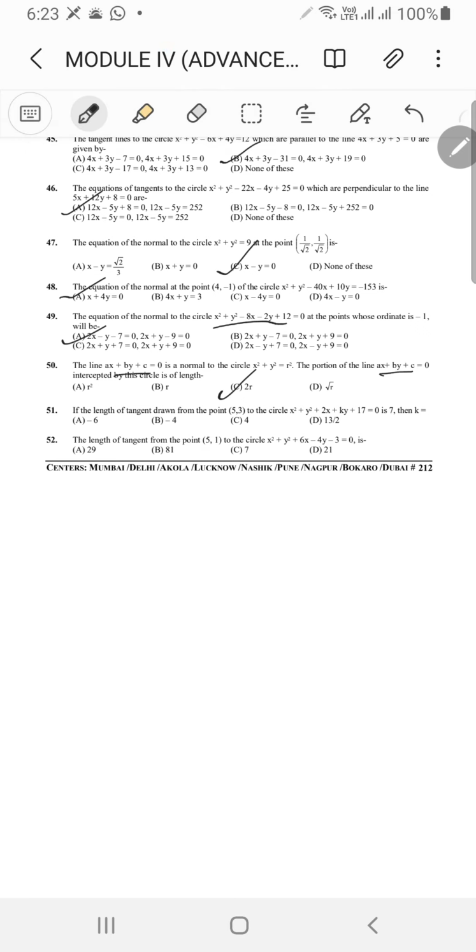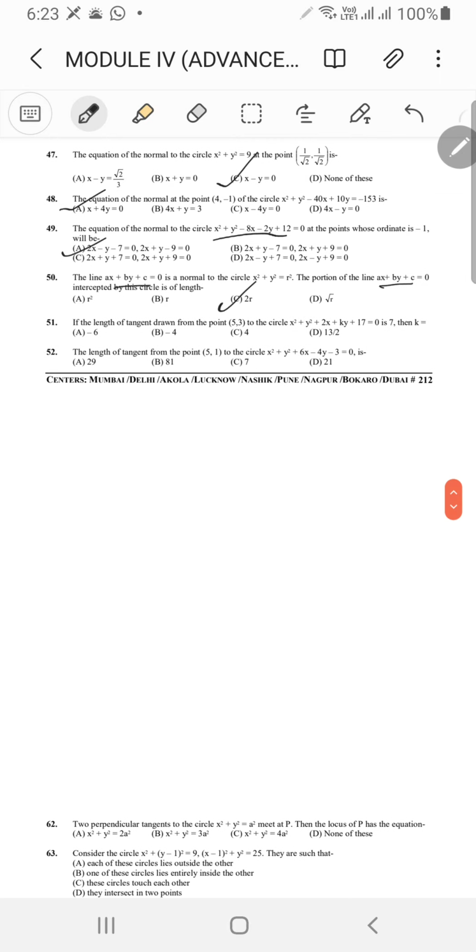The length of tangent from the point 5 comma 3 to the circle is 7, then k is... okay, from this point to the circle. All right, so this is a very nice example, right? We can use power of point over here. So find the power of point of this point with respect to that circle. That's going to be t squared, not t. Okay, t is the length of tangent over here. So length squared is the power of point over here.